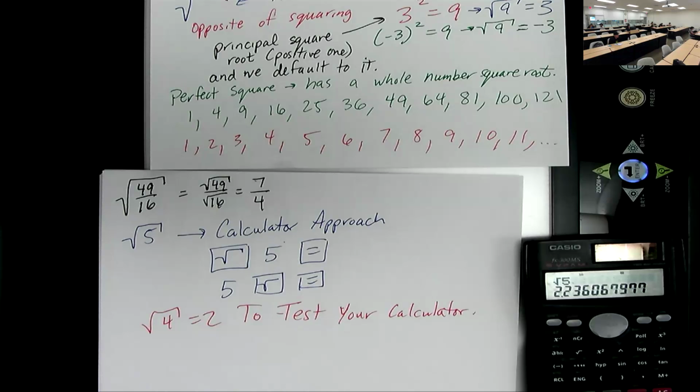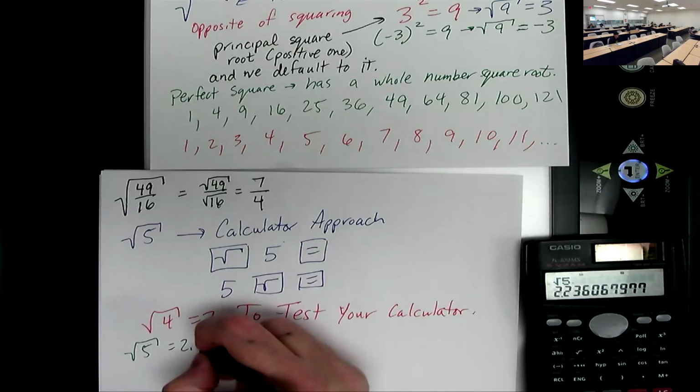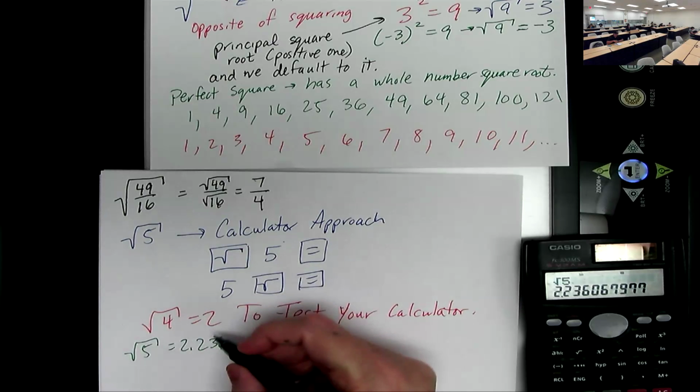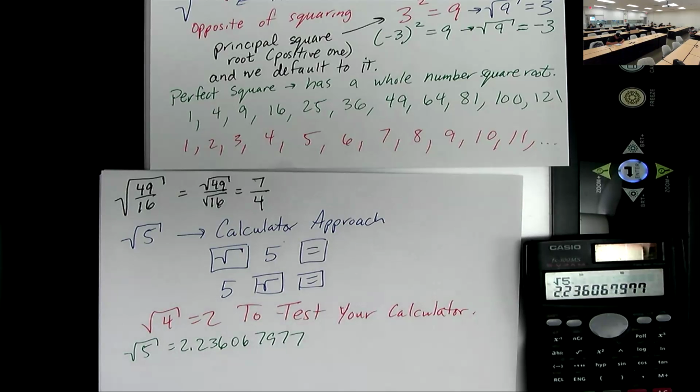I'm getting the square root of 5. It's 2.236067977. That is not an exact answer, there's more decimals. When you have a radical like this, if the number is filling up your calculator, it's unending. And I can show you it's unending by just subtracting what I see.